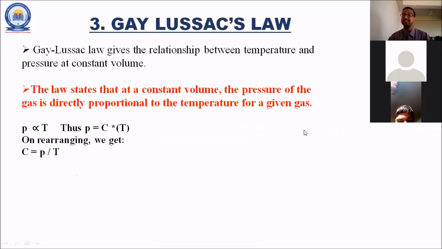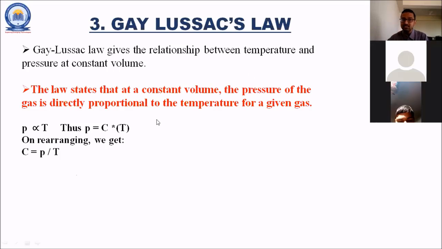Moving further with the next gas law, that is Gay-Lussac's law. Gay-Lussac's law gives the relationship between the temperature and the pressure of the gas. But here we are considering constant volume conditions. So this law states that at constant volume, the pressure of the gas is directly proportional to the temperature of the gas.